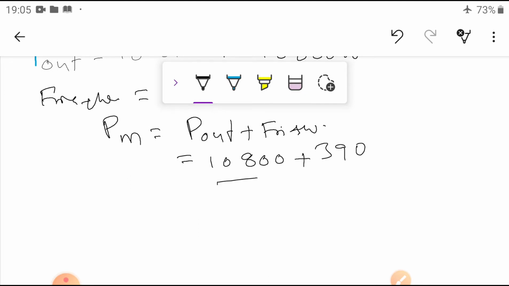Then we need to find the slip. The speed n is given, nearly 1440 RPM.